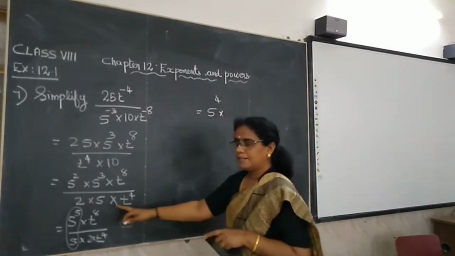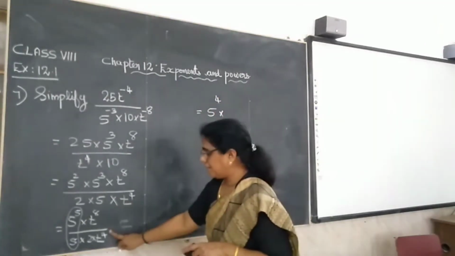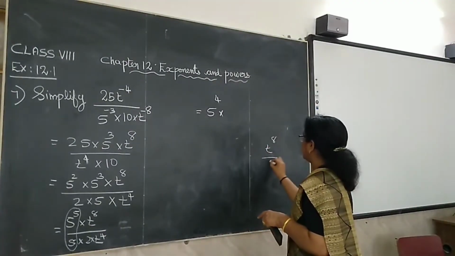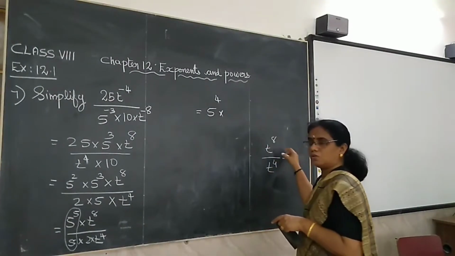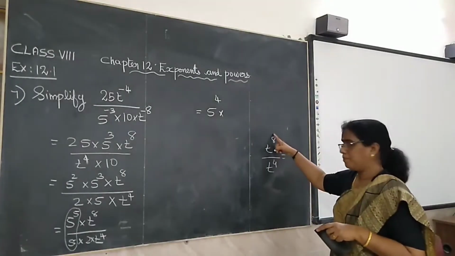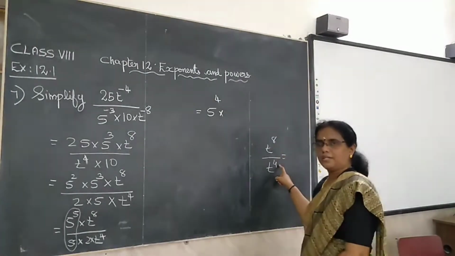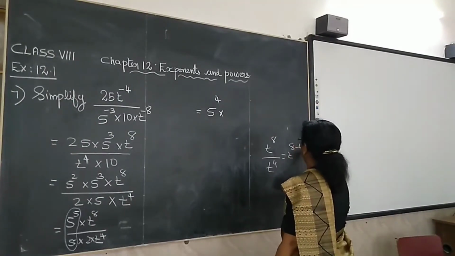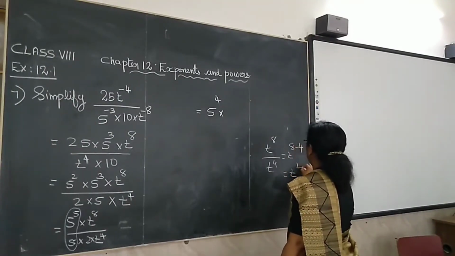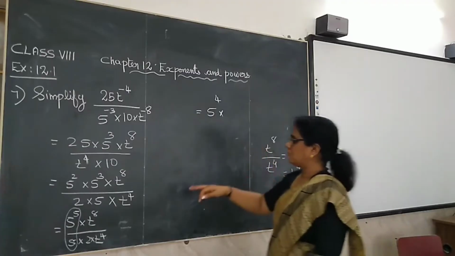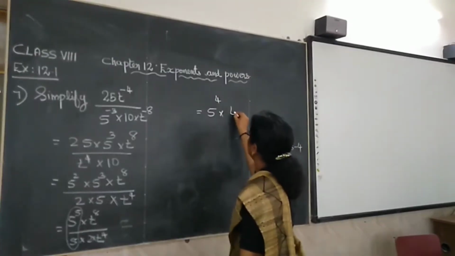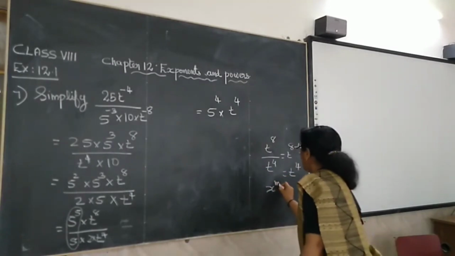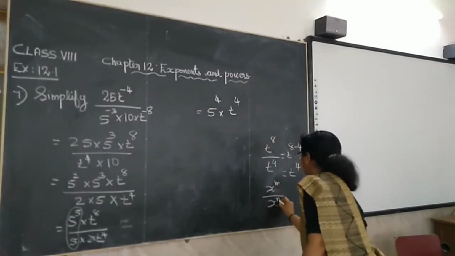Then t raised to 8 divided by t raised to 4. This is also of the form x raised to m divided by x raised to n. That is t raised to 8 minus 4, that is equal to t raised to 4. So here also we are applying x raised to m divided by x raised to n.